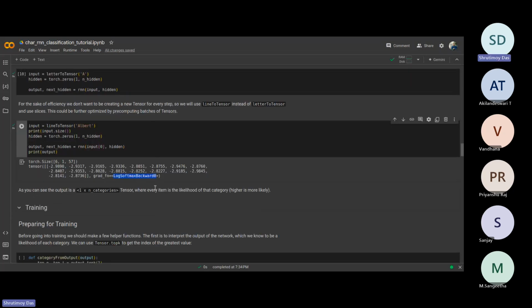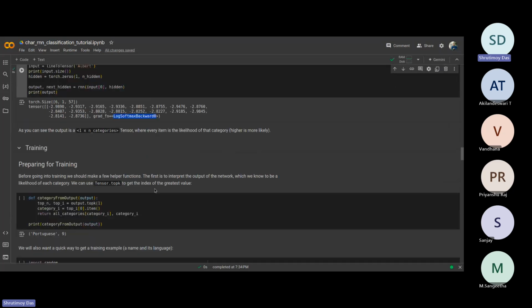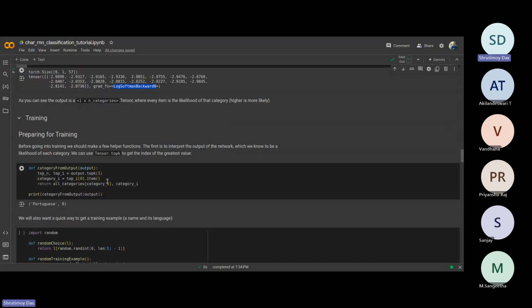So let us train this network. Because it is a multi-class problem and your system will only understand numbers, we have to get back what those numbers mean. So this is a small function for that.